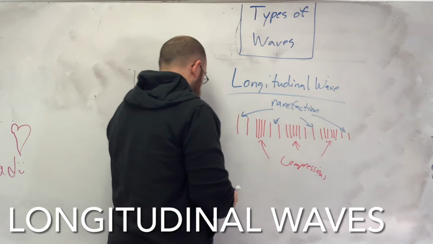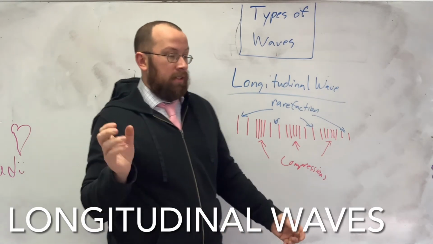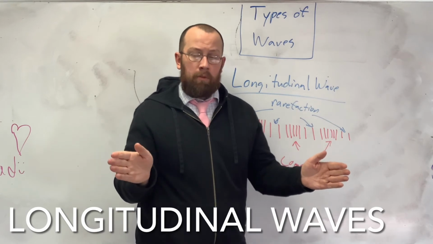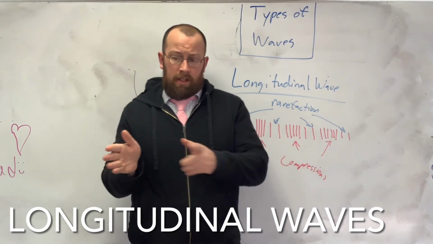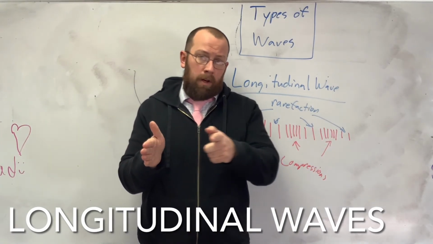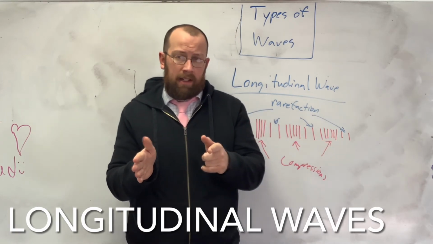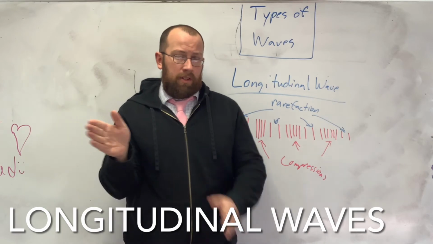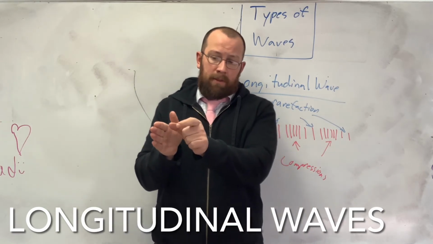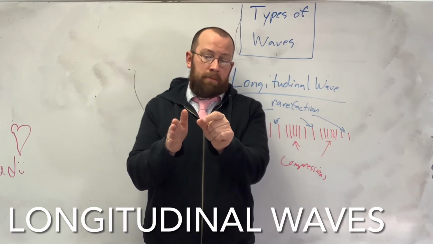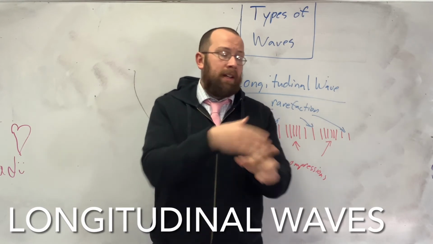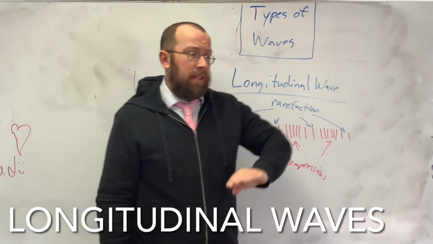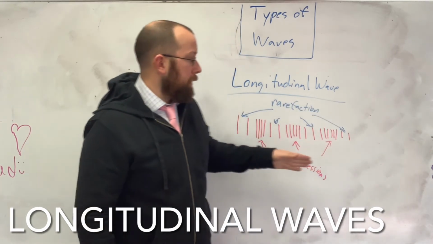So when you have a slinky, you can have it on the table and you send energy from one side. That's your initial disturbance. What you see is that energy go all the way down, hit, and start coming back. It sends a compression all the way down, and as that compression hits a spot, it compresses, and then as it goes by, it becomes a rarefaction. You can pulse it by pushing it in the same direction that it's going.